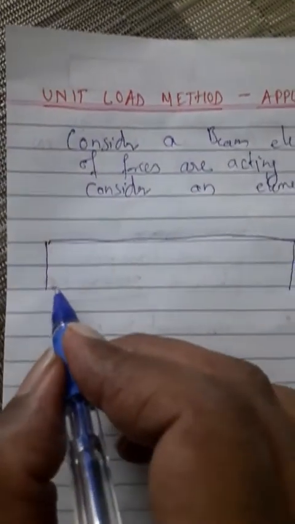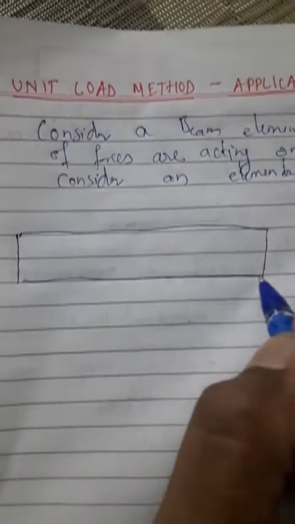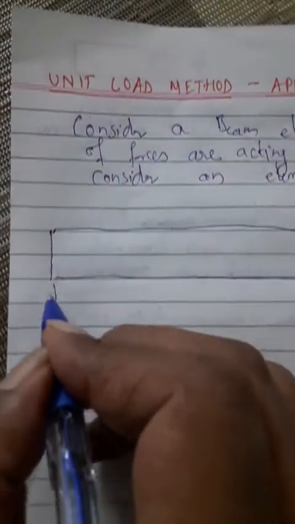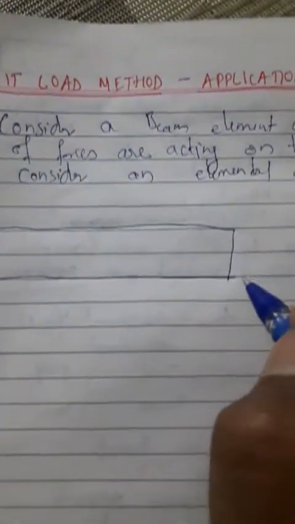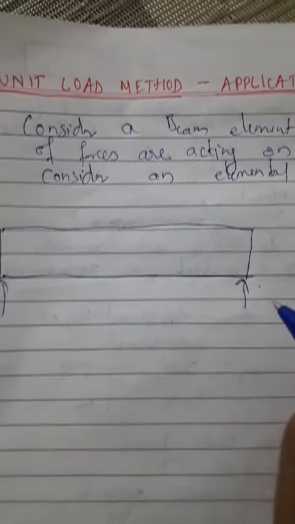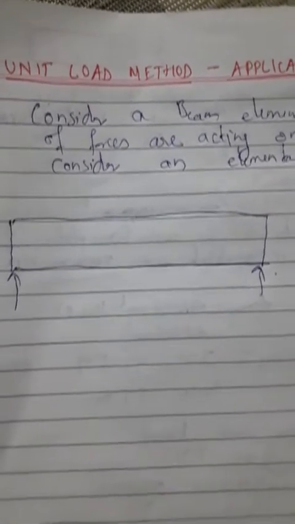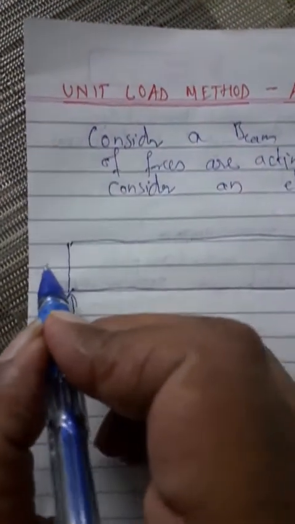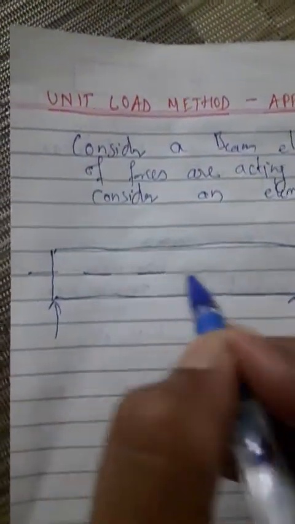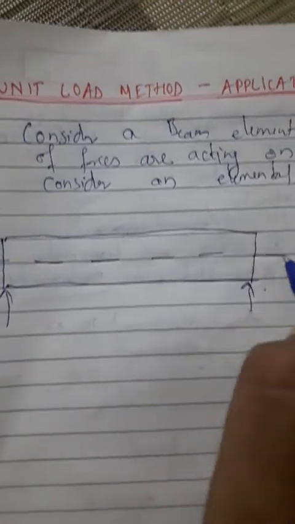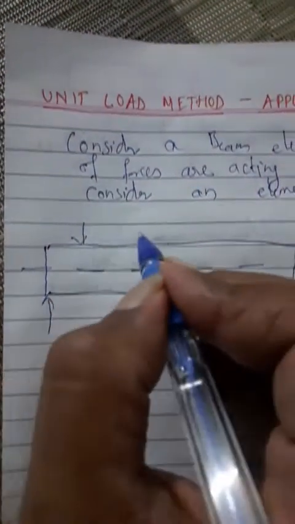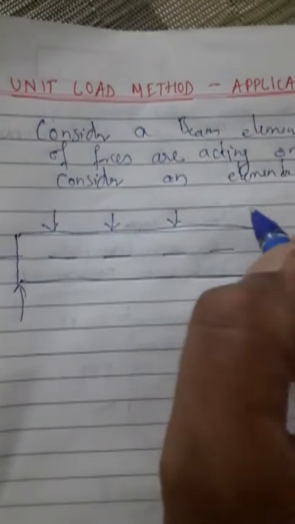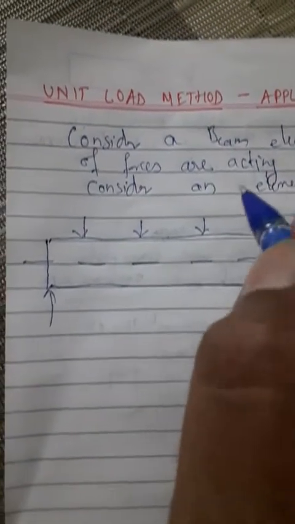Let this be the beam. Supports. Now for this let me draw the CG axis. So CG axis is somewhere here at the center. Let a system of loads P1, P2, P3, P4 be acting.